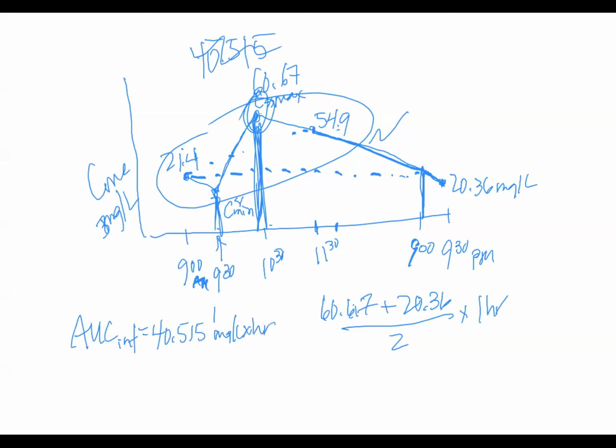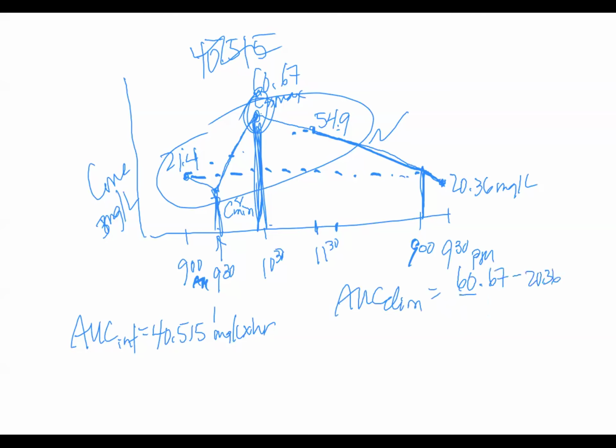Now, our area of the curve for elimination is C max 60.67 minus C min 20.36 divided by K, which is 0.1.